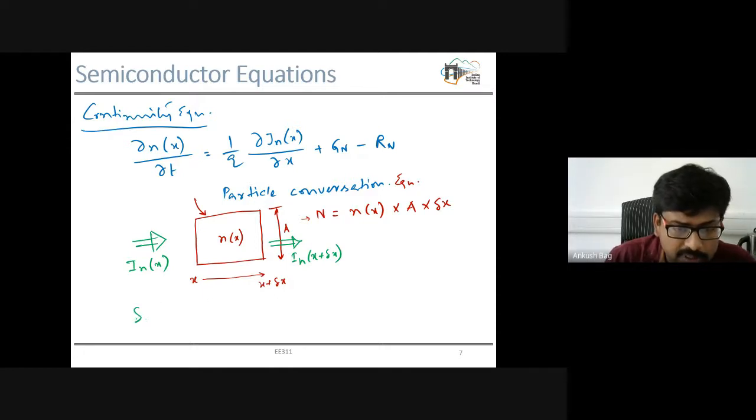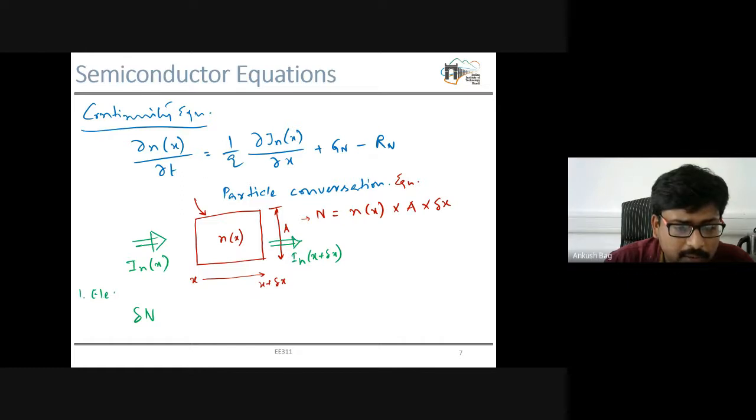So now the total change in the number of electrons here due to the electron current. Let me write this electron current. This is the process due to which our total electron concentration within this semiconductor is changing.